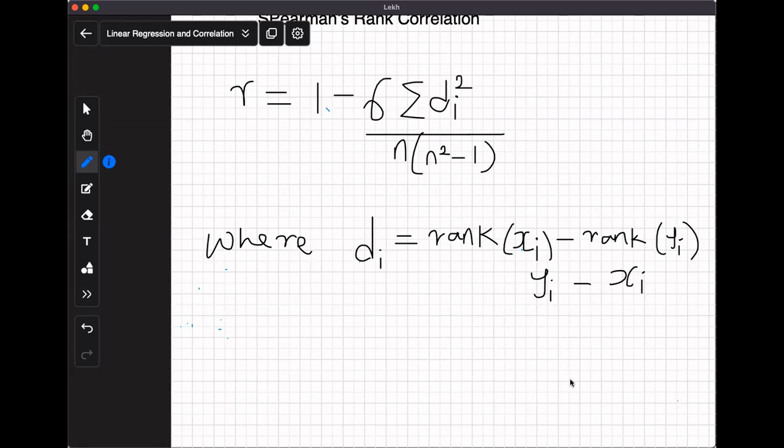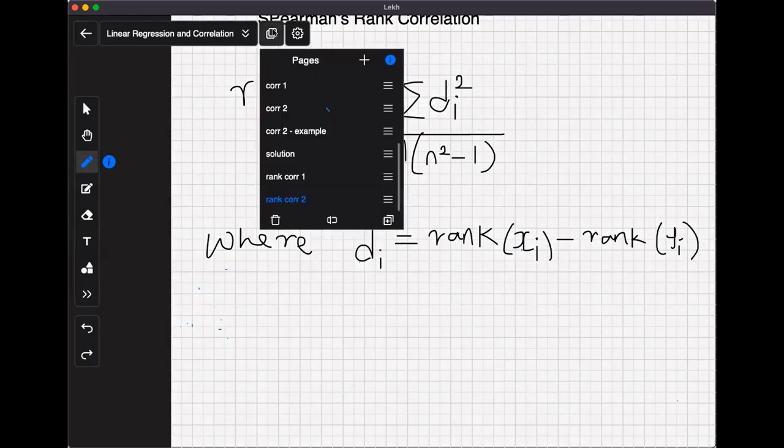Whichever way you do it, it's not good to mix it up, because you're going to write a formula and what you are writing should tally with what you are doing. So we go on.